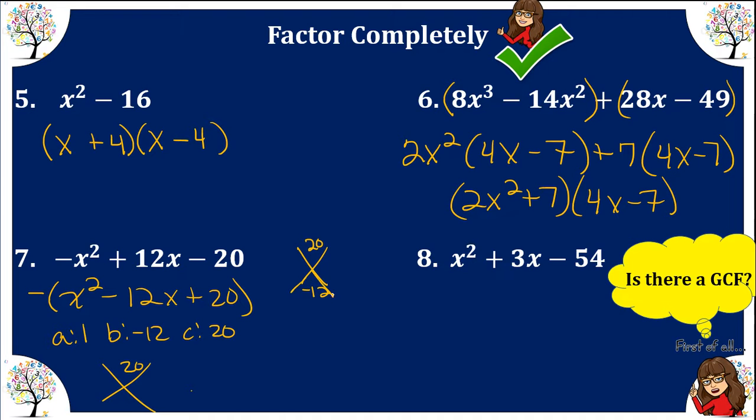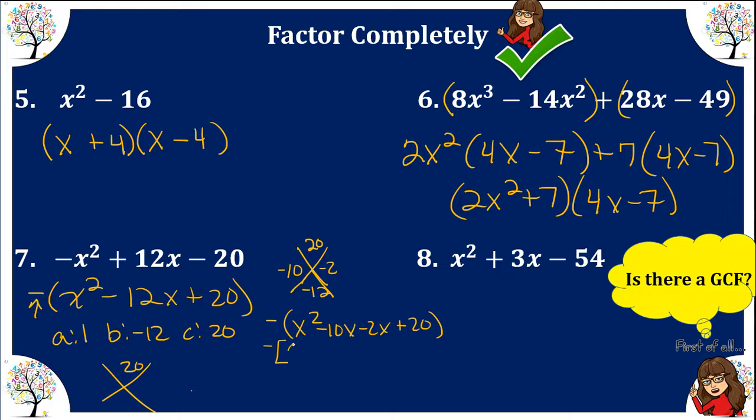The two numbers I want to use that multiply to give me 20 but add to give me negative 12 is going to be 10 and 2, and they're both going to be negative. So I have negative on the outside for my GCF. Then I have x squared minus 10x minus 2x plus 20.